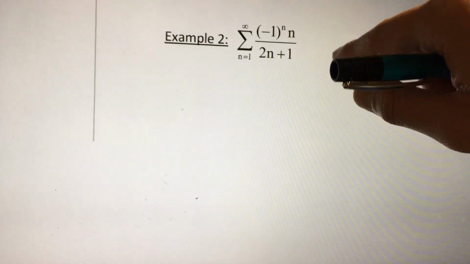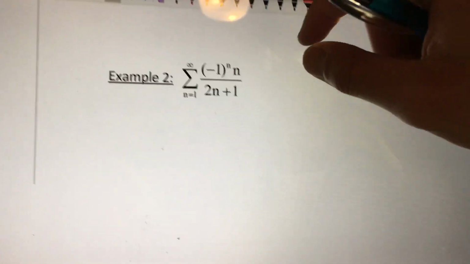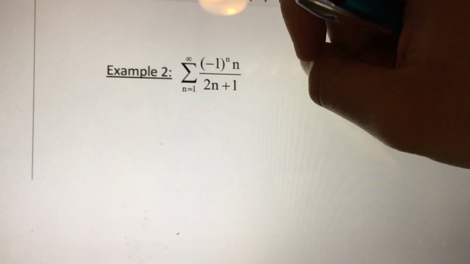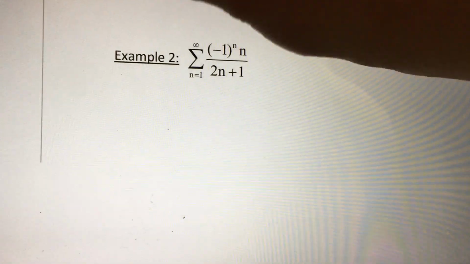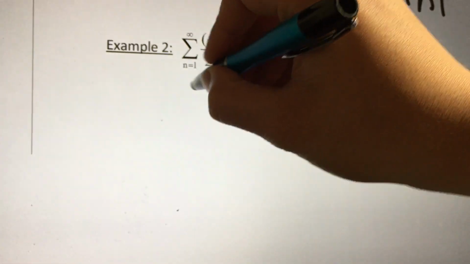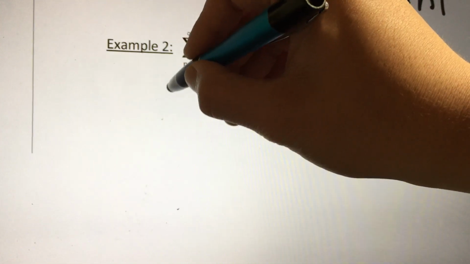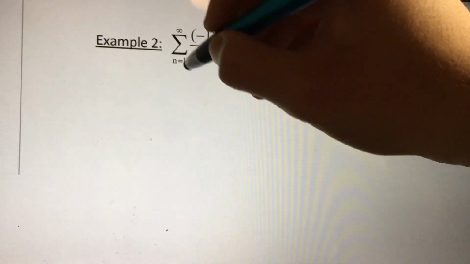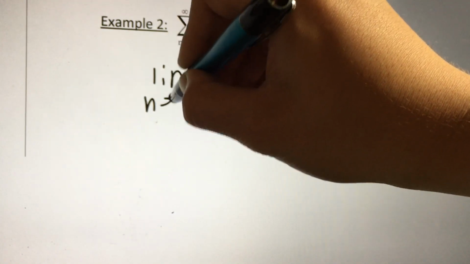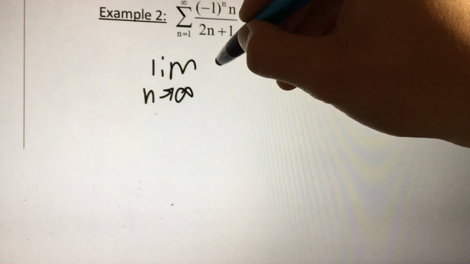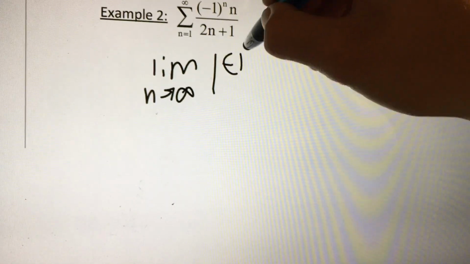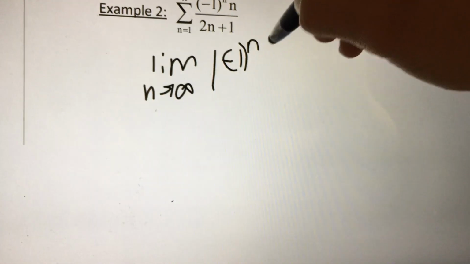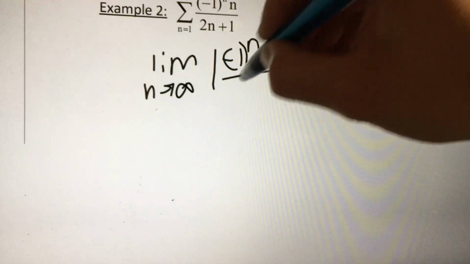In example 2, it's a little different, but same steps. Let's take the limit of a sub n, which is this part of the series. We take the limit as n approaches infinity of the absolute value of this. Remember, this only tests for the regular a sub n.